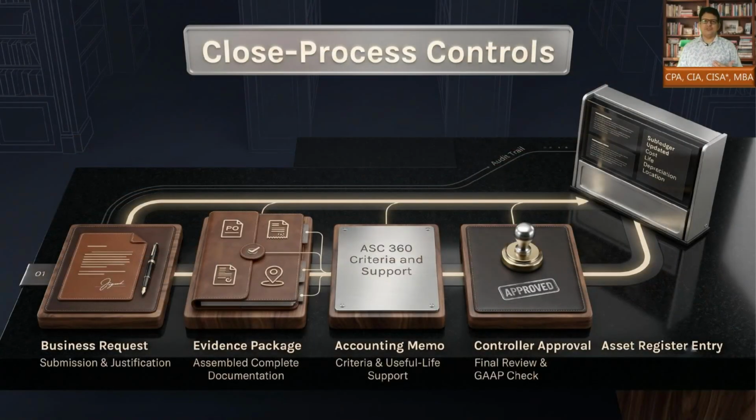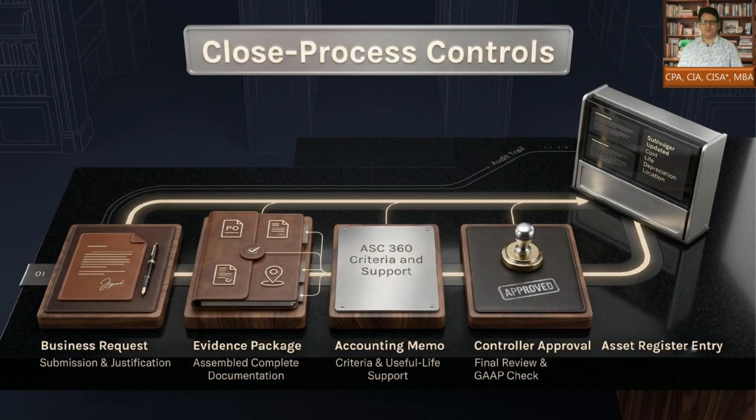Good capitalization decisions need a strong close process file. The business team starts with a capital expenditure request, business justification, cost estimate, and project manager sign off. Accounting then gathers purchase orders, vendor invoices, engineering completion evidence, readiness date confirmation, and asset location.